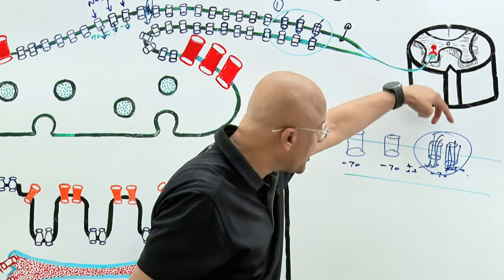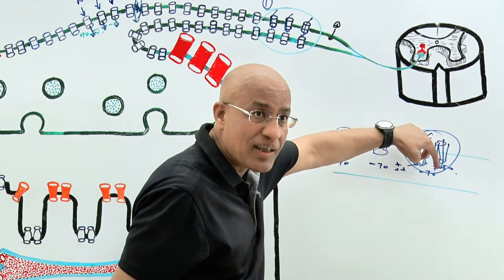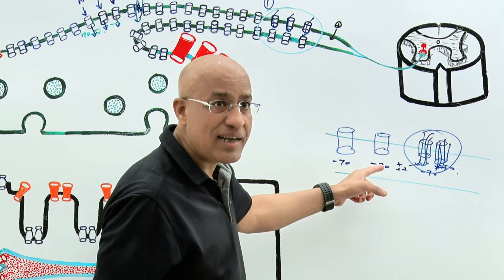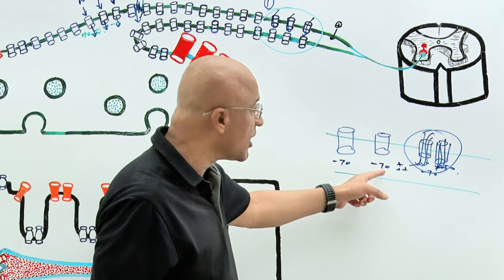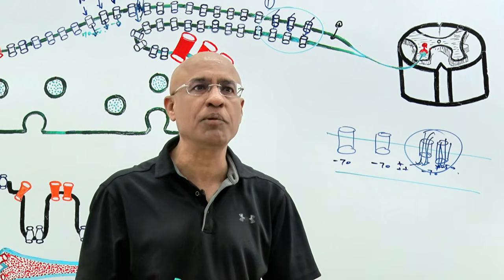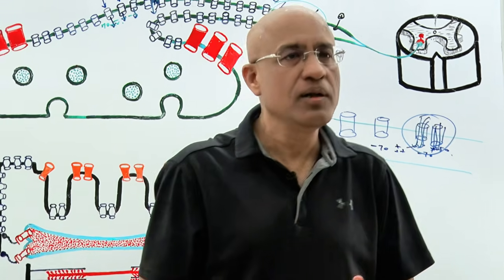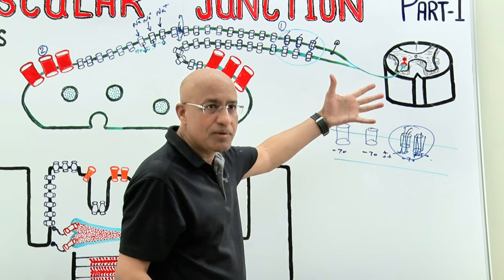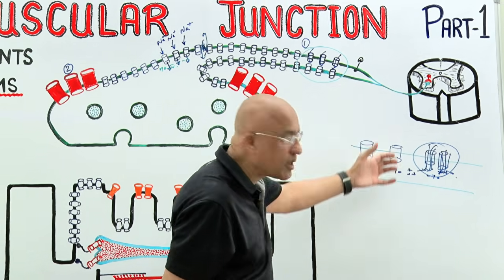Because whatever positive cations came in will go to the neighboring areas, and in the neighboring area, the resting membrane potential will automatically achieve threshold. And when it achieves threshold, another group of sodium channels opens.